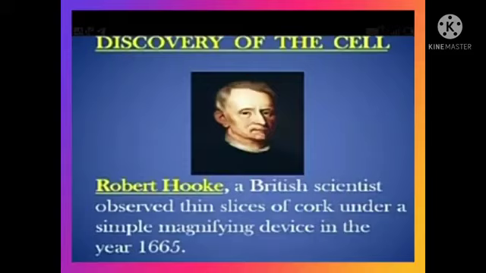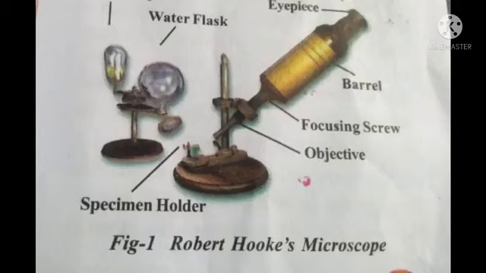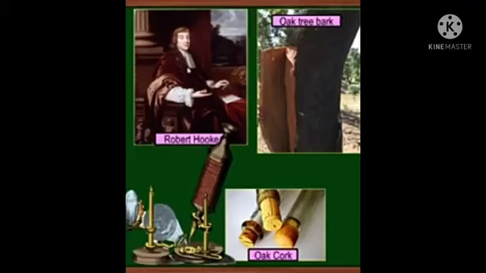Let us see in detail the discovery of the cell. Robert Hooke, a British scientist, observed thin slices of cork under a simple magnifying device in the year 1665. When he was working in his laboratory, he cut a slice of cork and kept it under the magnifying glass, and he noticed that it is made up of small compartments.